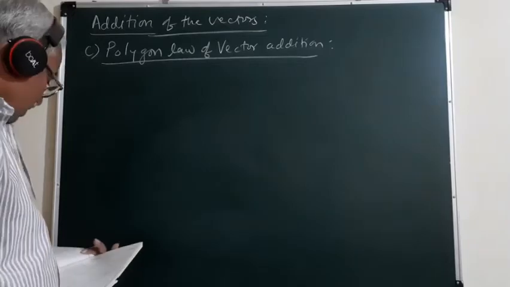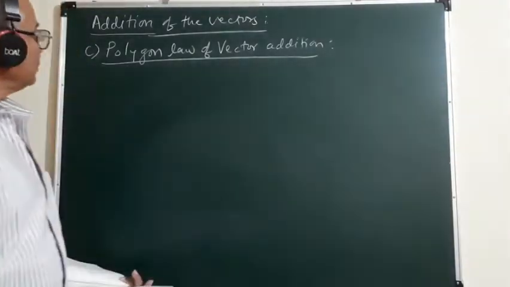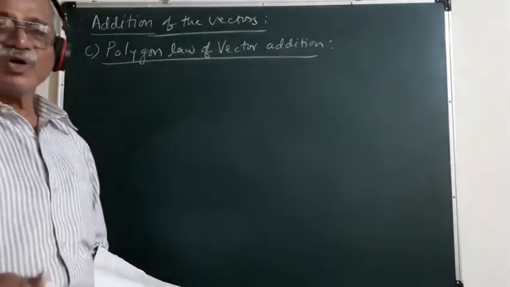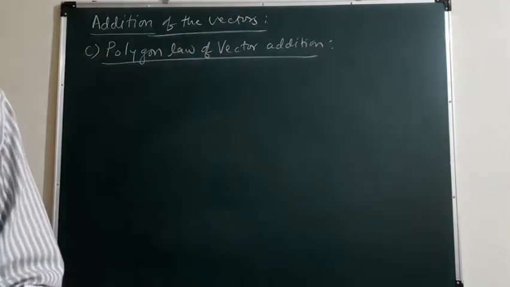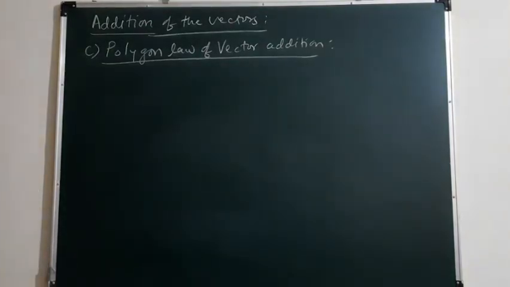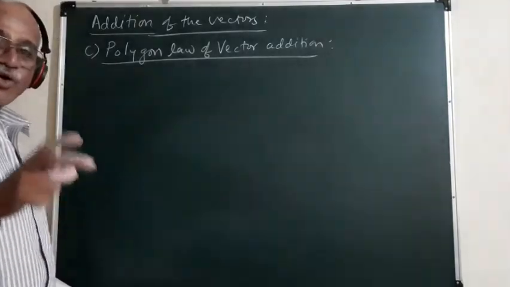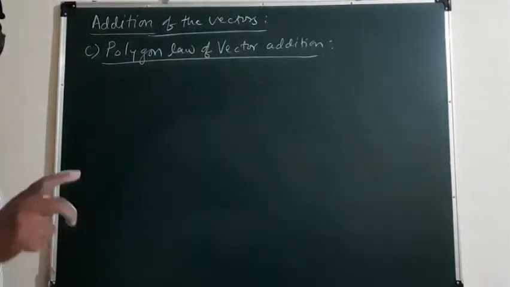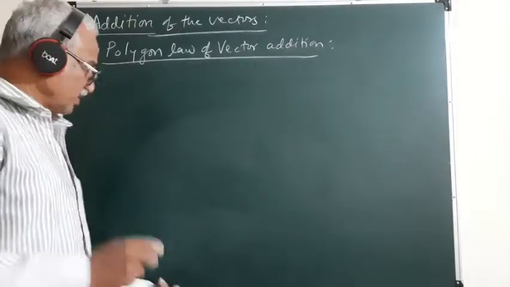Now, whenever we want to use this polygon law for performing the addition of two or more vectors, then what we need to do is arrange all the vectors in order.